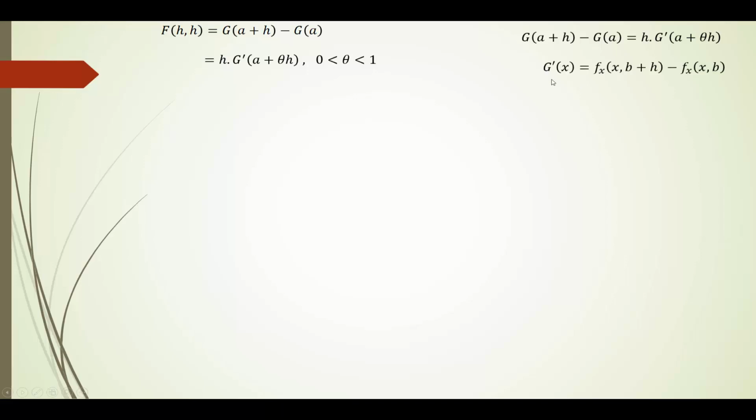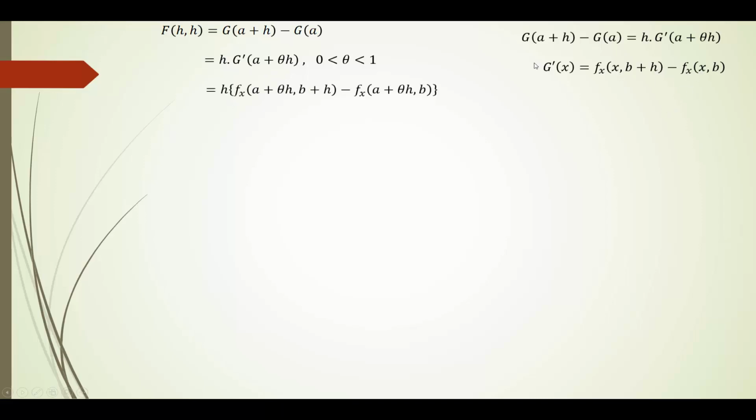Now we know g'(x) equals fx(x, b+h) − fx(x, b), with y coordinates b+h and b and x the variable. Here the variable is a+θh.